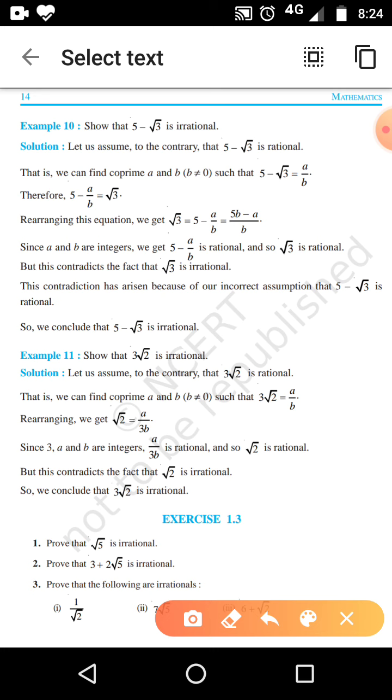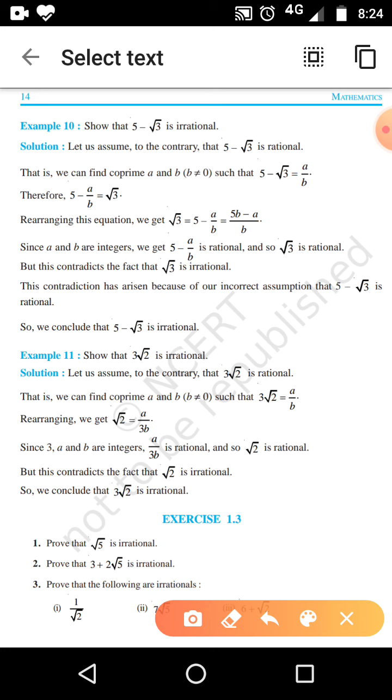Another method is given in this book. See this method. Let us assume, on the contrary, 5 minus root 3 is rational. So 5 minus root 3 = a by b. So 5 minus a by b = root 3. Here 5 is rational and a by b is already supposed rational. So 5 minus a by b, the difference of two rational numbers, is again a rational number.